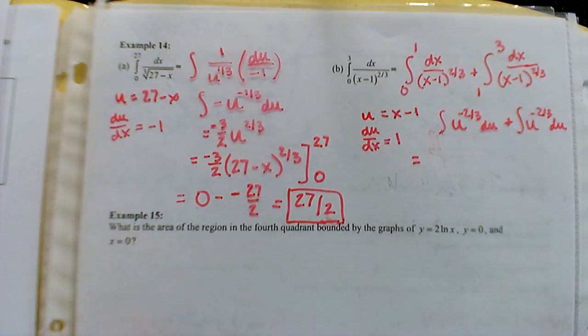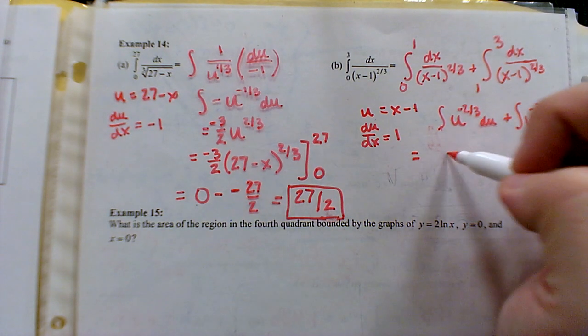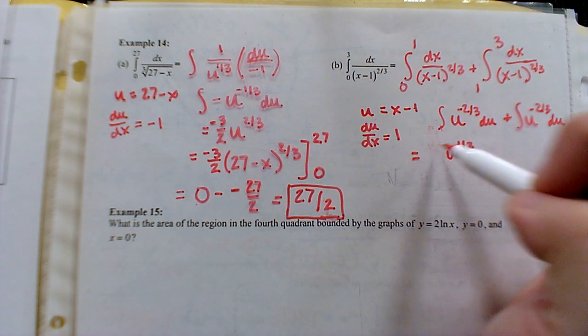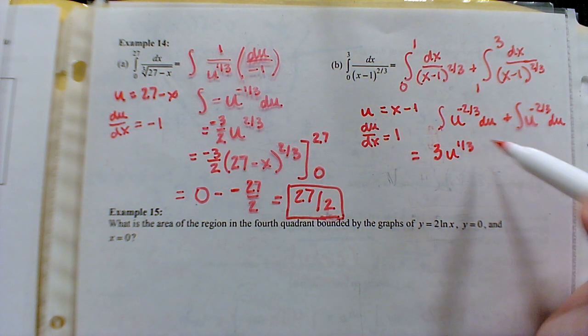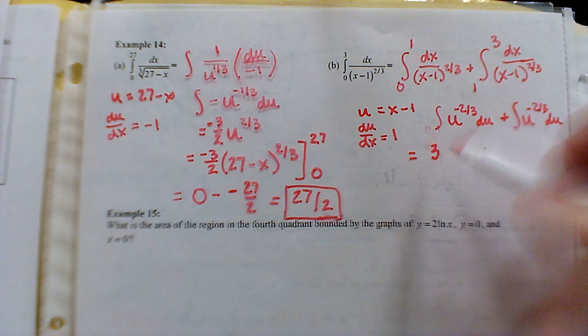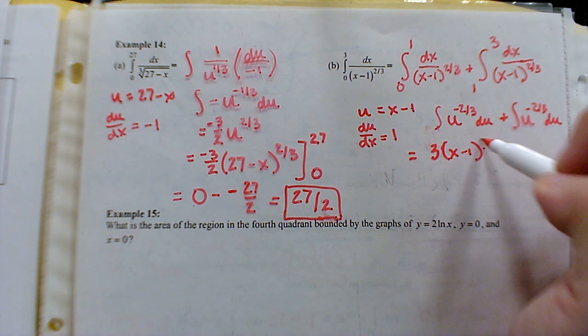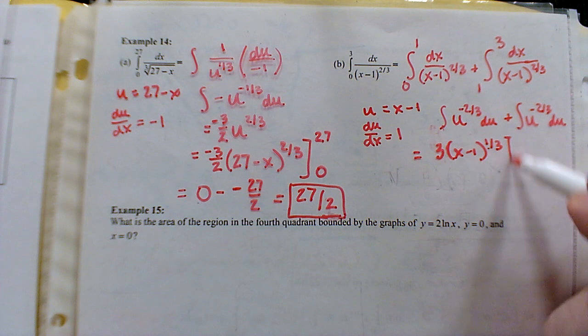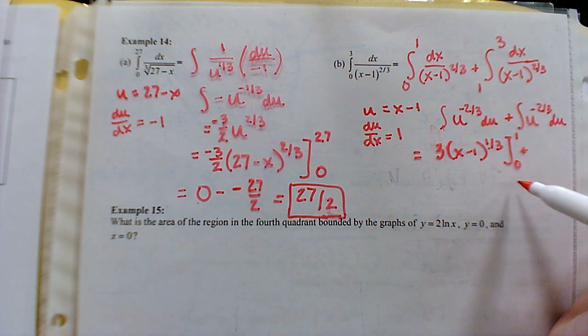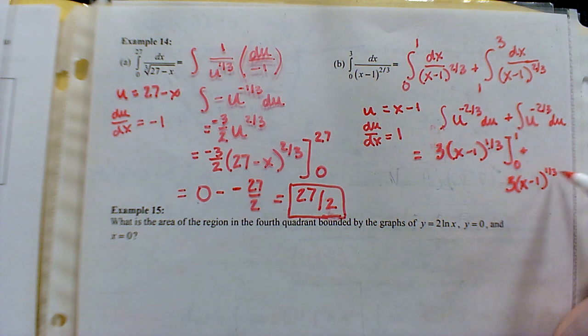All right, so we'll add 1 to the power, which would be 1/3, and then divide the coefficient by the new power, which would be 3. And maybe we'll go ahead and substitute in the u's. So our first antiderivative will go from 0 to 1, and the second antiderivative will go from 1 to 3.